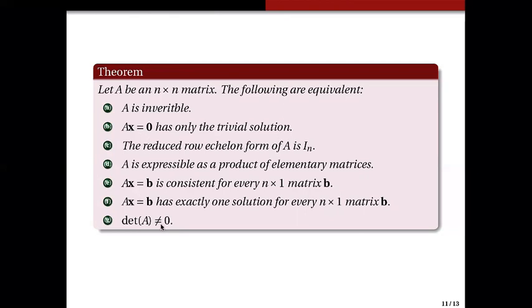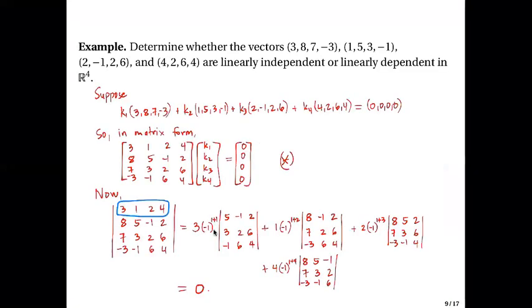If the determinant is not equal to 0, then this has only the trivial solution. That's why we found the determinant to be equal to 0. This will have many solutions. Okay?